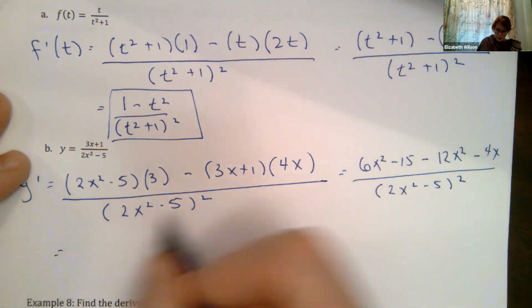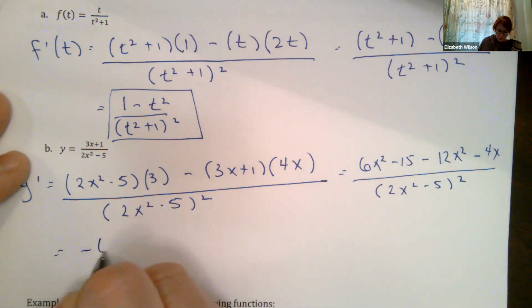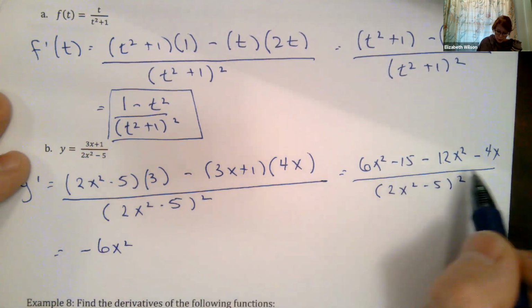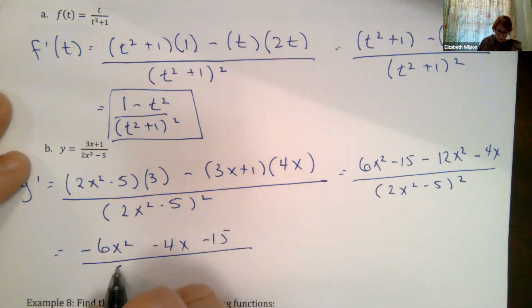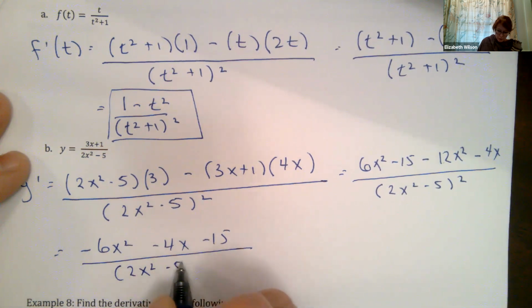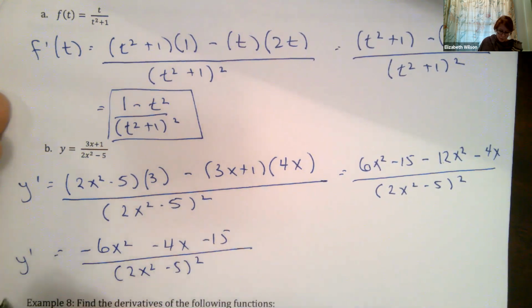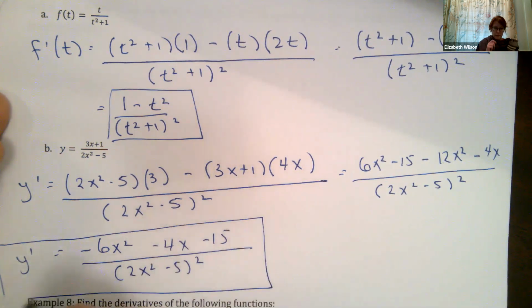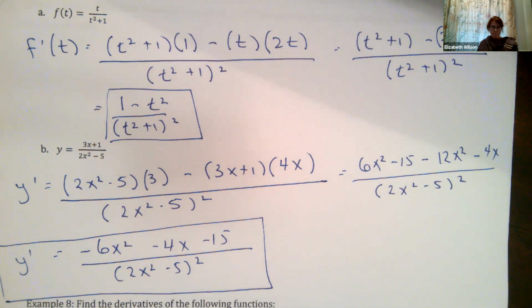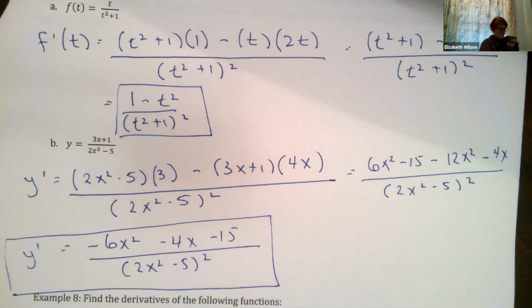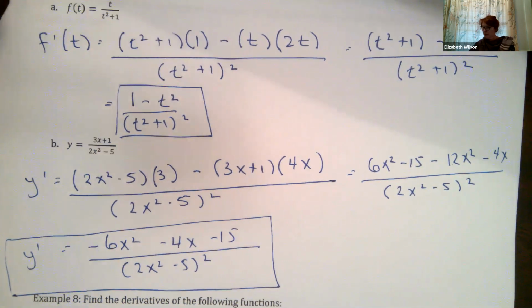So this is 6x squared minus 12x squared, which is negative 6x squared, minus 4x minus 15, all over 2x squared minus 5 quantity squared. Okay, all I did was combine like terms right here. Okay, quotient rule.